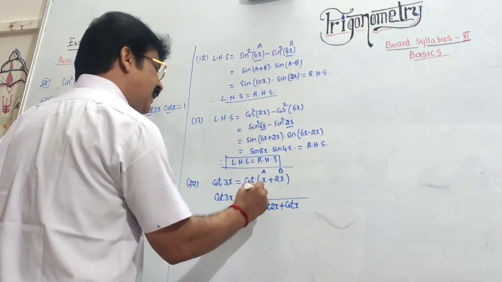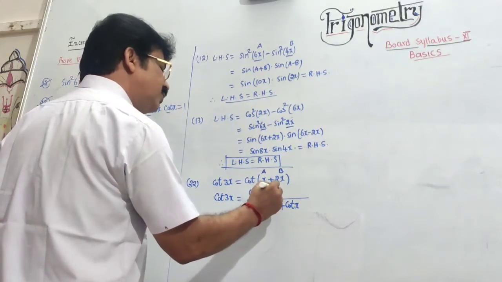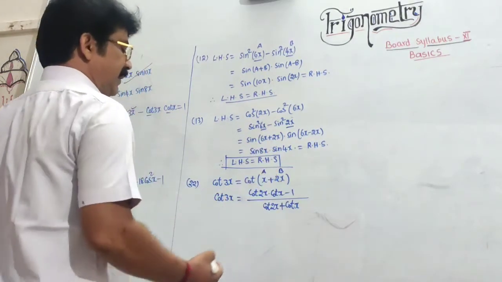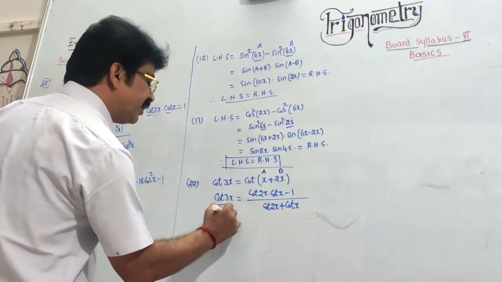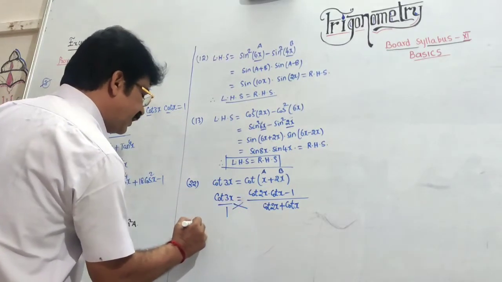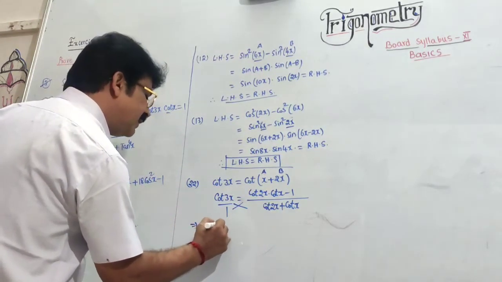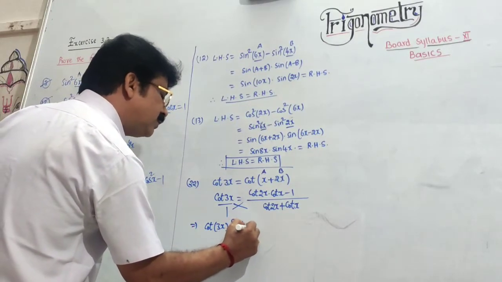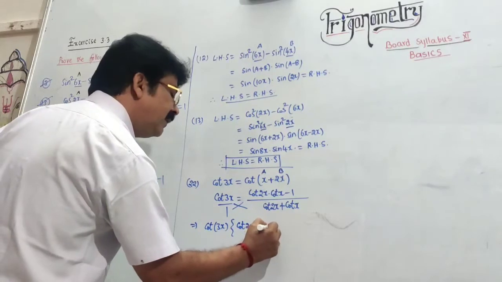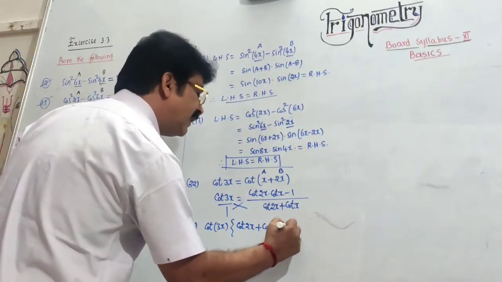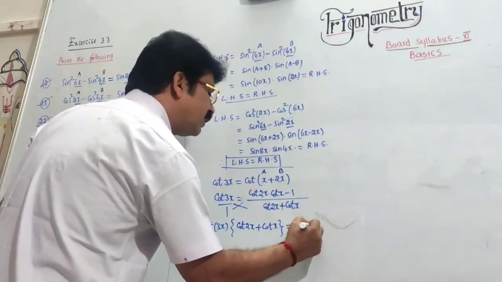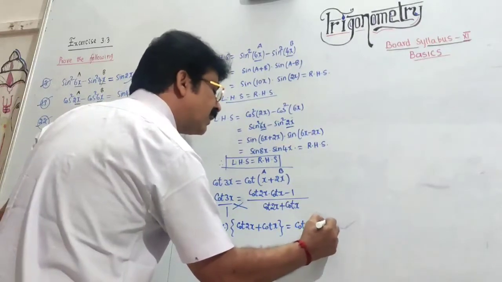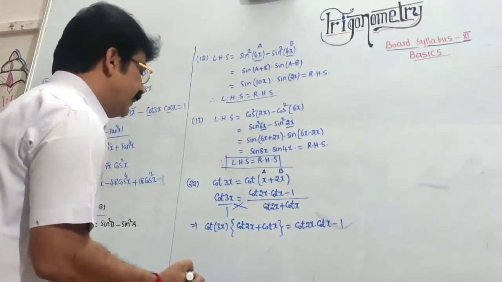Next, product cot 2x into cot x minus 1. So by cross multiplication, we are obtaining cot 3x into cot 2x plus cot x, that is equal to cot 2x into cot x minus 1.